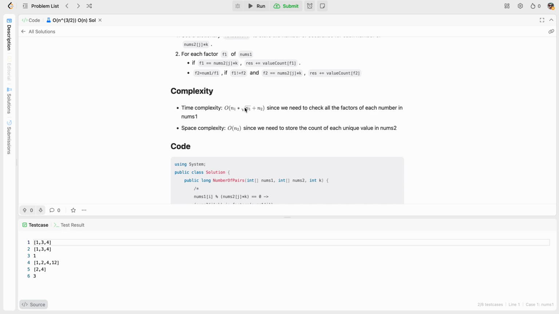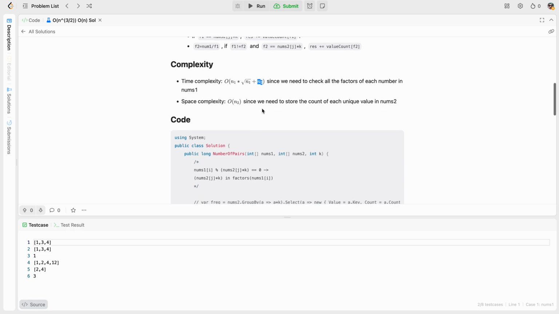This part checks the factors, this one checks each value, and this one checks the count of unique values in nums2. The space complexity comes from storing the count of unique values in nums2.